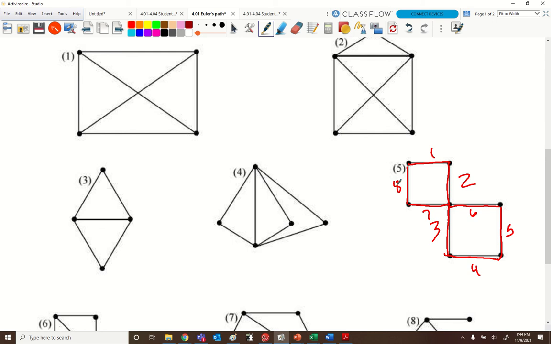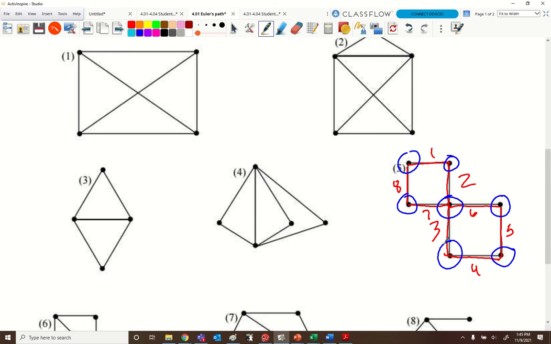And I can also look and see how many edges does this one have? 2. How many does this one have? 3. How many edges does this one have? 2. How many edges does this one have? 4. It has 4 going into that dot. How many here? 2, 2, 2. So there is none of them with an odd number.